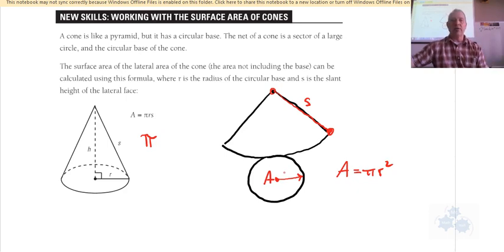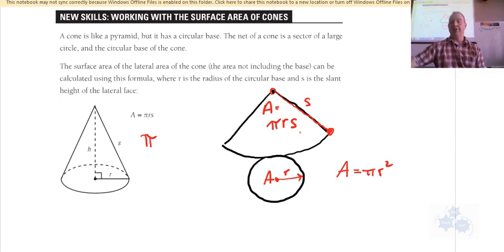We're going to use the radius, the slant height, and pi. And so the area of this strangely shaped lampshade section is pi times r times s. All of the important players: pi r s. That's how you find the area of that.